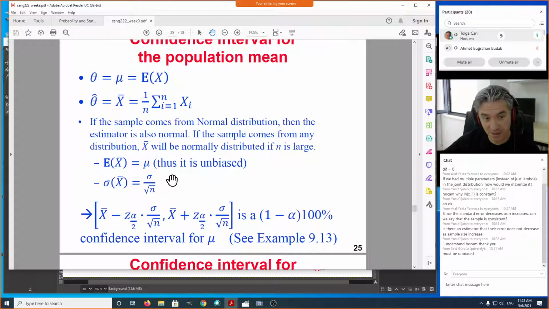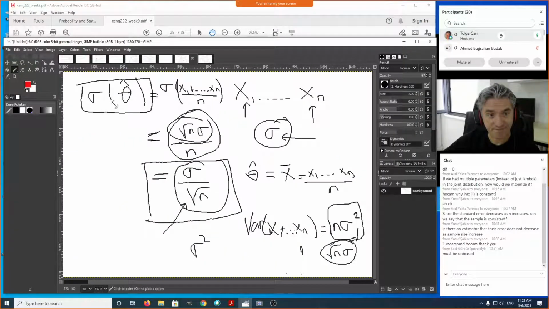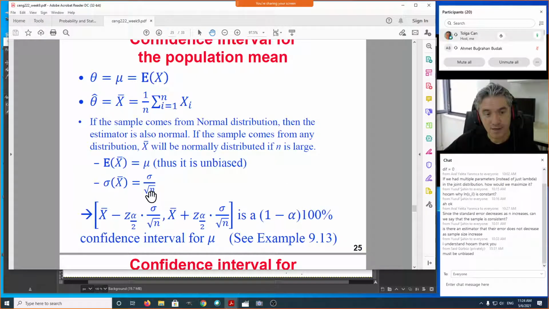So how did this formula come about? By using the linearity of expectation right here. Theta hat is a sum of variables divided by n, which is going to be equal to 1 over n times square root of n sigma, and then we came up with this formula. So in other words, if the sample comes from a normal distribution, then the estimator is also normal, independent of the sample size.